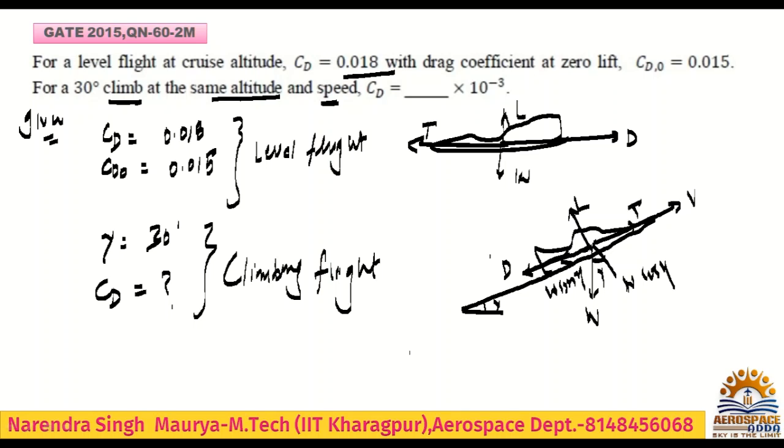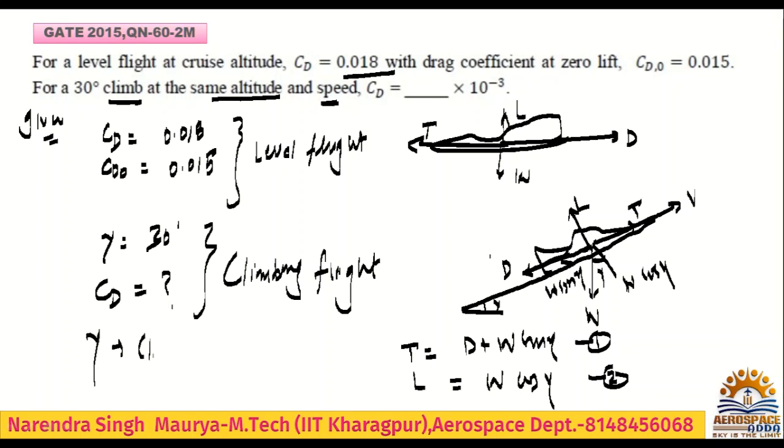So now we get thrust is equal to drag plus W sin gamma, equation number 1. Equation number 2, L is equal to W cos gamma. This is for the climbing flight. Hope you understood this. Gamma is the climbing angle.